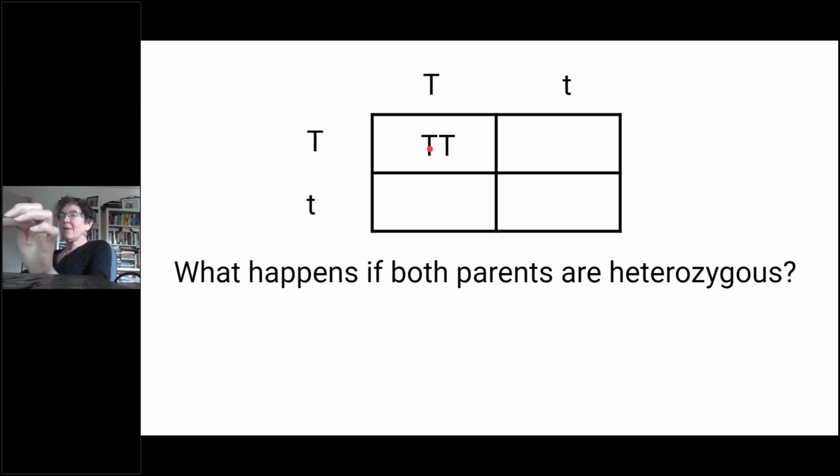If they have many offspring, at least one option is that they would be homozygous and have a straight thumb. Another option would be that they would be heterozygous, straight thumb. Another option is heterozygous, straight thumb. The fourth option is homozygous, hitchhiker's thumb.